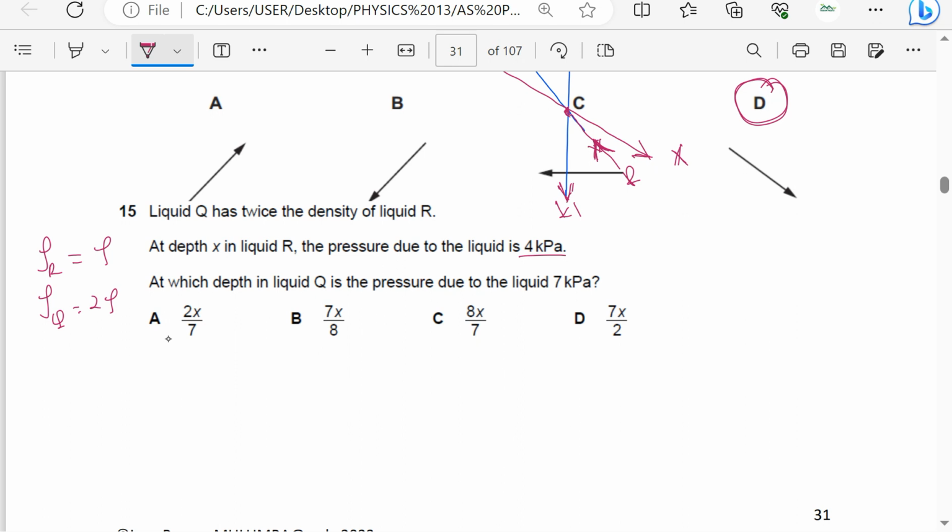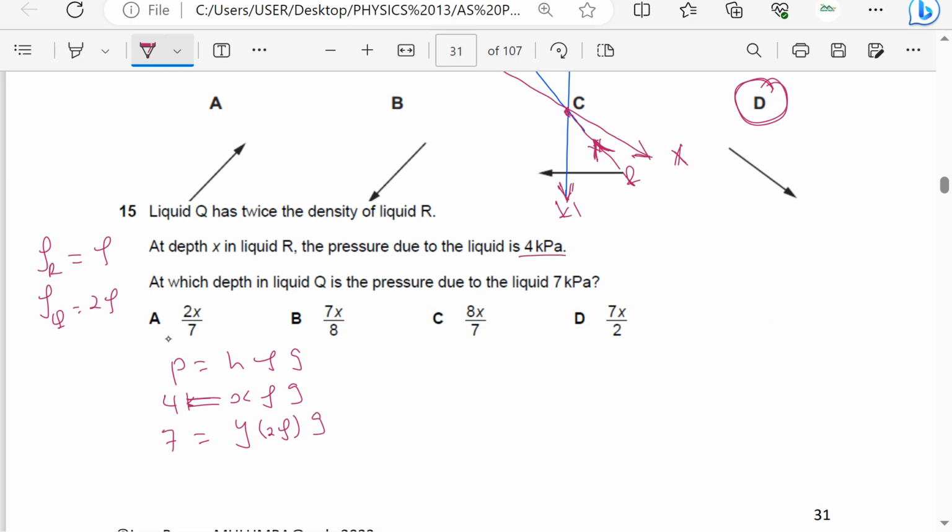That is number one. And we also know that pressure is equal to h rho g. So for the first one, 4 kilopascals, I'll just say 4 is equal to h, the depth in R, which is X, times its density rho, times g. For the second one, pressure is 7, its depth, let it be Y, times the density, which is twice rho, then times g.